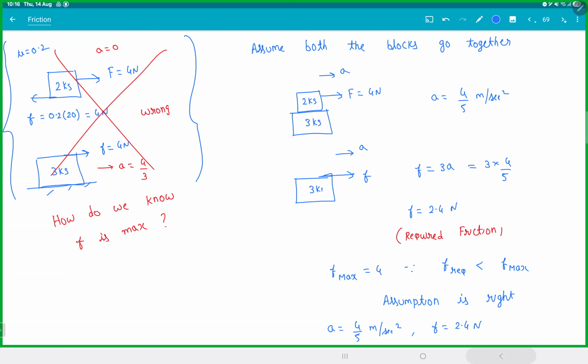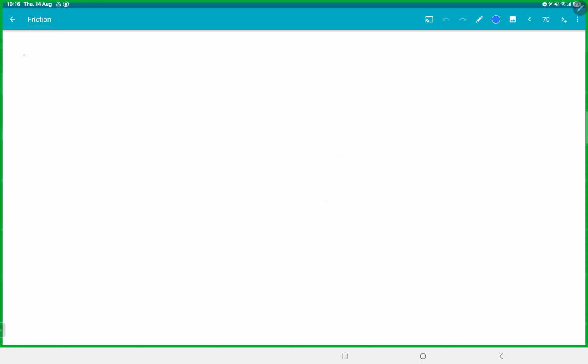What happens the other way around? Let's see the second case. This time you're giving 20 newtons. We are getting a feeling they will slip, but still. 2 kg, 3 kg. Let's say we're applying F is equal to 20. Same story. Assume both go together.